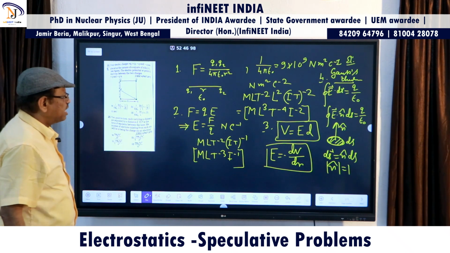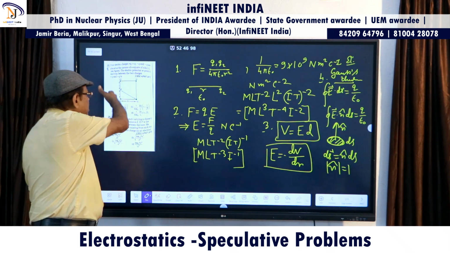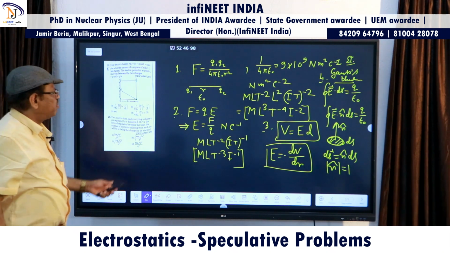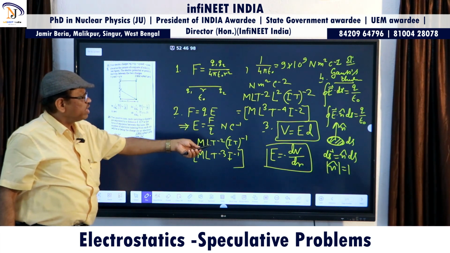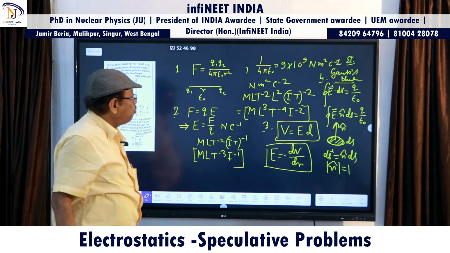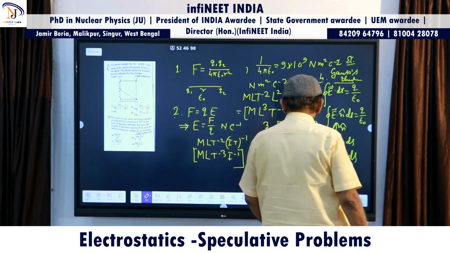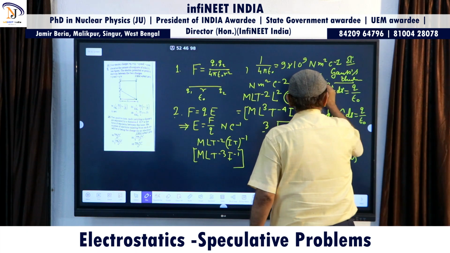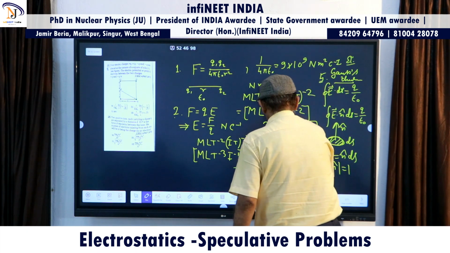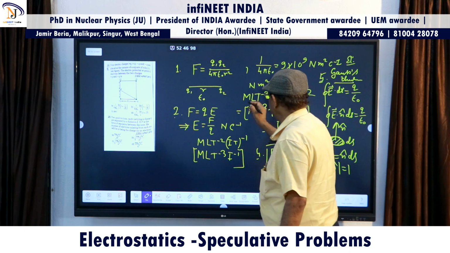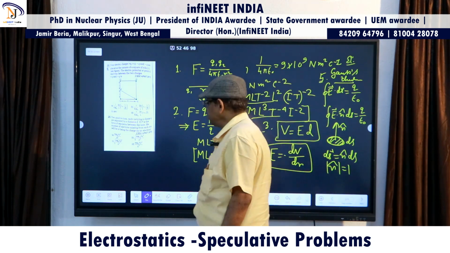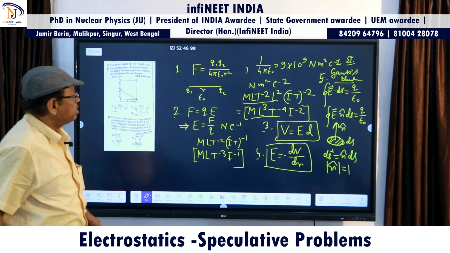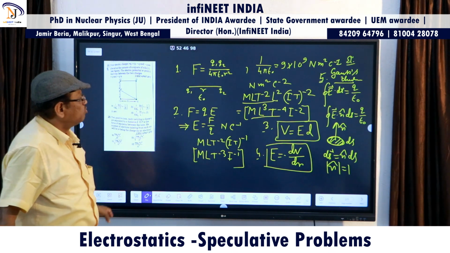Next, I will write another formulae on the basis of which we can calculate all the problems. These are very basic formulae. 1, 2, 3, 4, 5. This is formula. This is dimension. Dimension of 1 by 4 pi epsilon 0 and its value. So you remember these formulae.